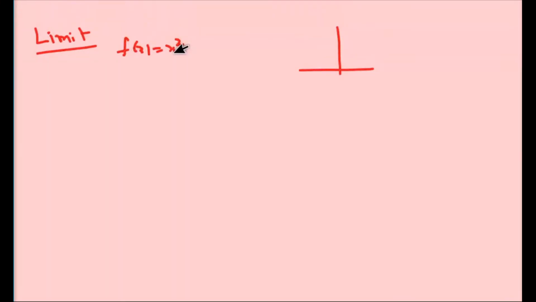Putting some values here, we get the value of y, and plotting on this graph we will find this type of graph. Let here be a value of 4 and we get the point 4, 16, and similarly minus 4 gives minus 4, 16, and we can calculate many points. At x equal to 0 we find 0, and near 0 we find almost 0.